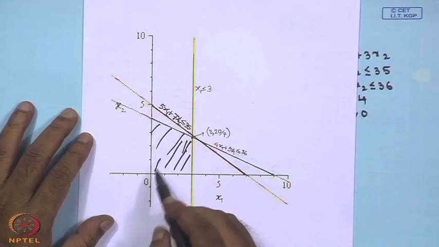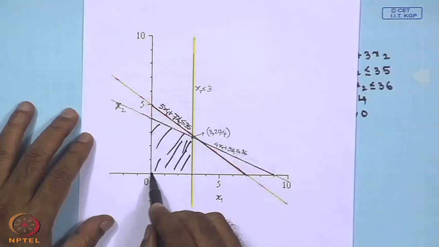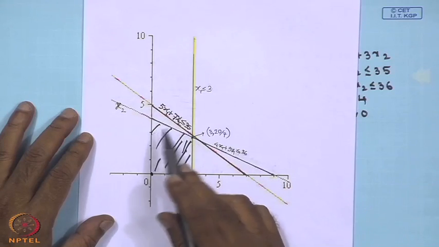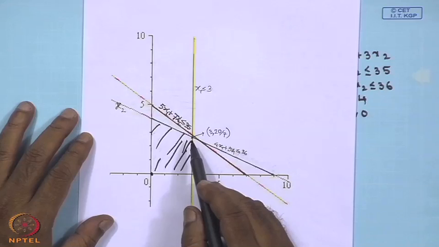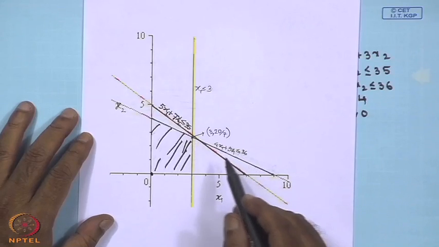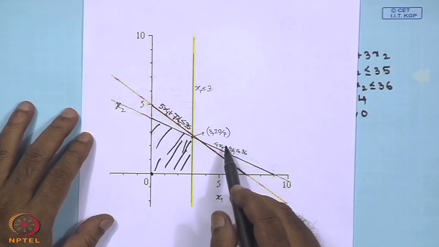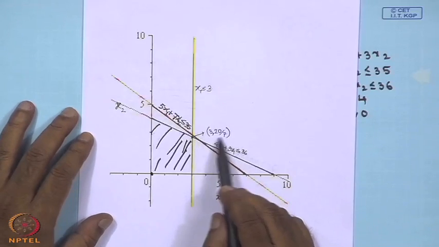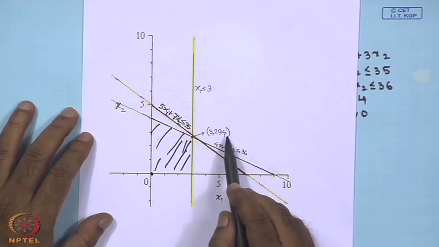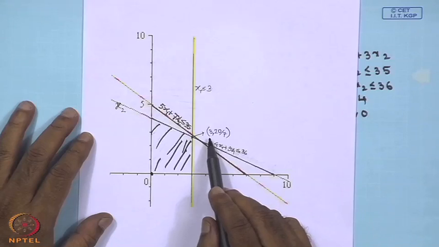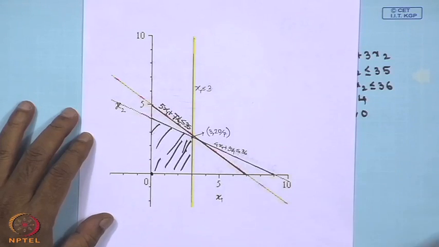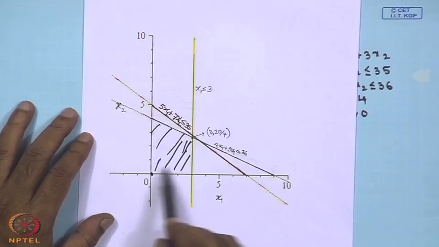Since you are doing this graphically, you will calculate the value of the objective function z at the extreme points and choose the point which gives you the maximum value of z. If you calculate this on your own, you will find the maximum value of z at the point (3, 20/7). So, this is your graph.